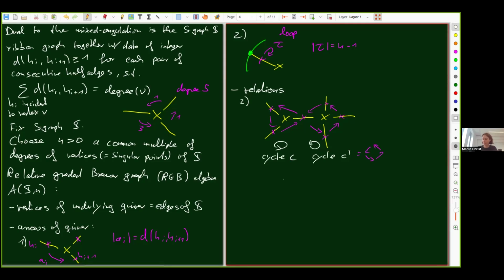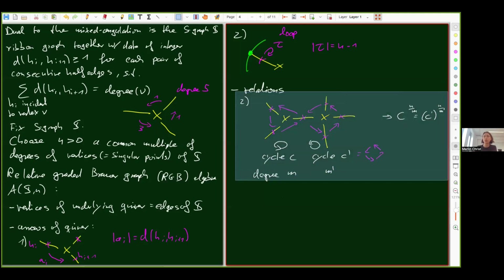Then let's say this node here of the S graph has degree m, and here we have degree m prime. Then the relation is that C to the power of n divided by m is equal to C prime to the power of n divided by m prime. So this is the relation. Right, this is relation 2 because there's a different relation I wanted to tell you first about.